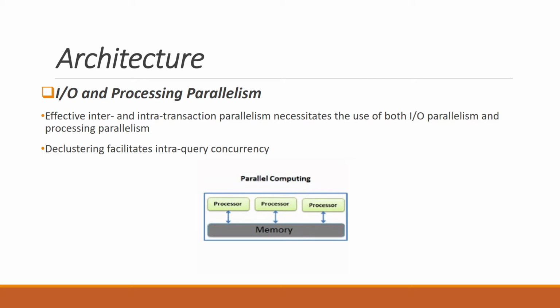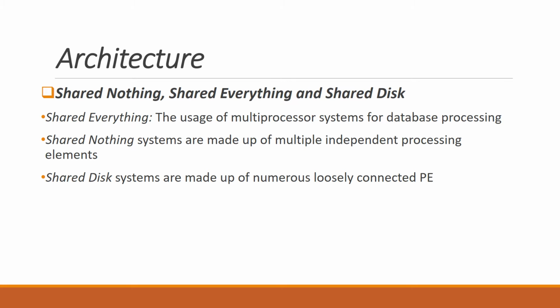Here we see the image of parallel processing parallelism, where the memory is shared with different processors at the same time. Next, we have the shared nothing, shared everything, and shared disk architecture level. Shared everything is the usage of multiprocessor systems for database processing.